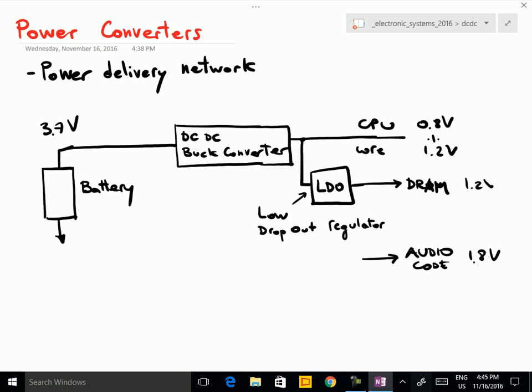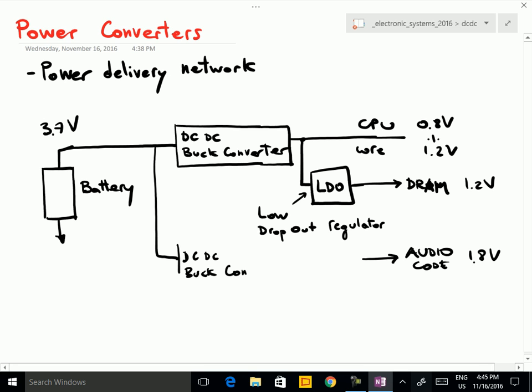The DRAM requires 1.2 volt typically. The audio codec requires a higher voltage, and again one typically has another DCDC converter, a buck, and an LDO to reduce the ripple, and then the audio.